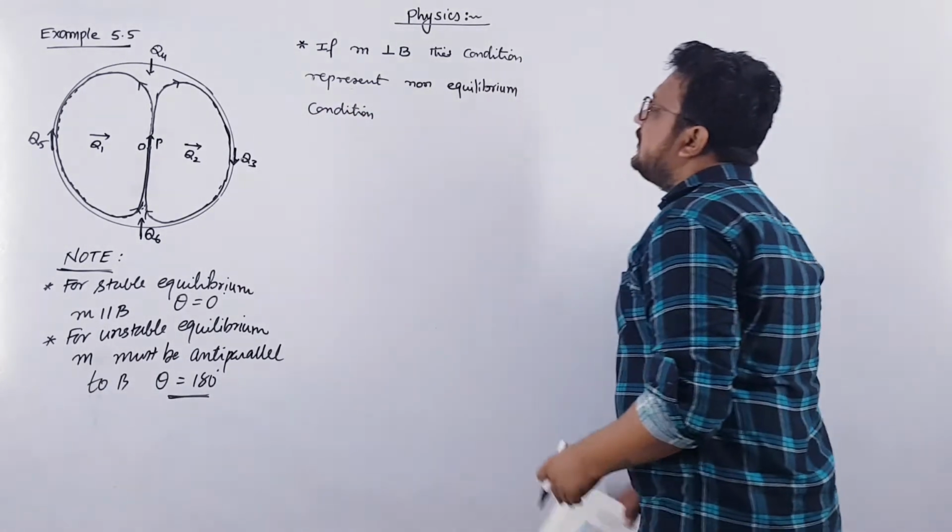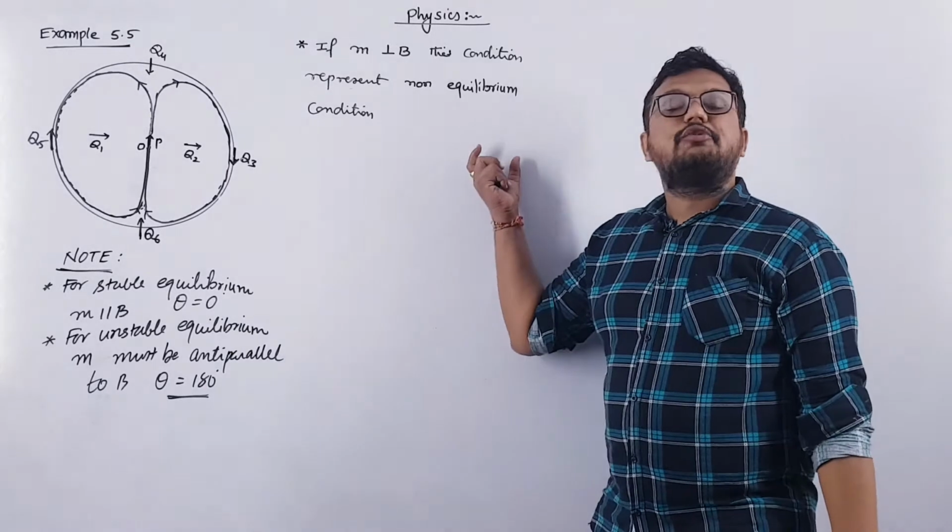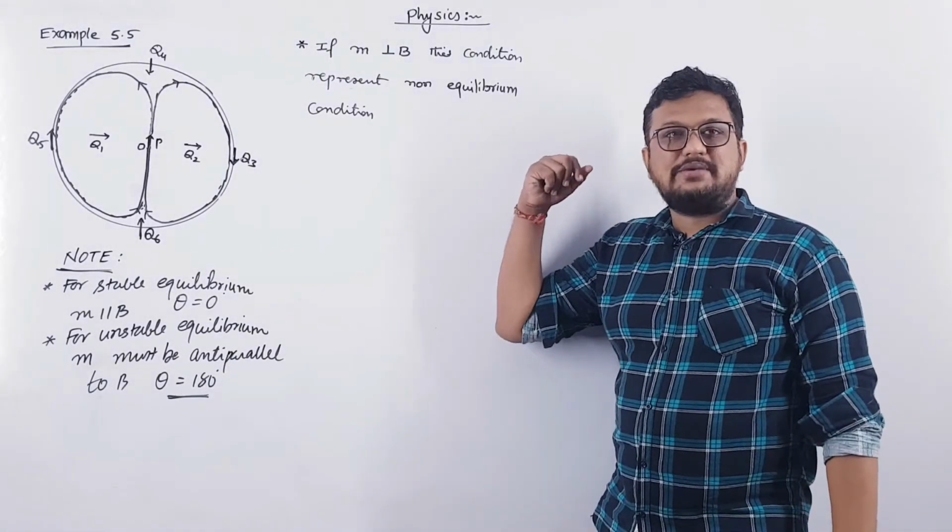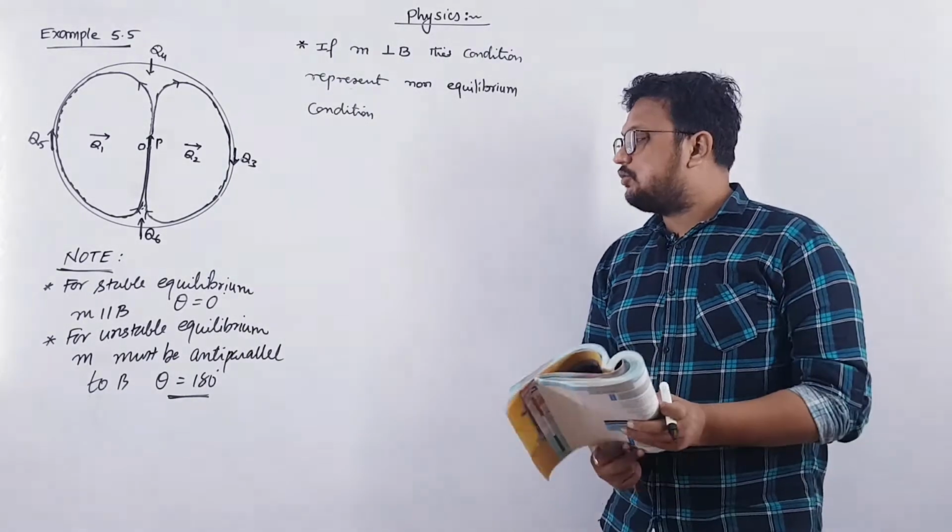Or you can say that it is not in equilibrium condition, right, if M is perpendicular to B. This you have to keep in mind.